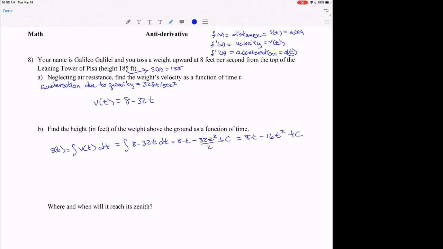That if I'm at 0 seconds, when I toss this weight upward, I'm starting at 185 feet. That's what this means. All right. So that tells me that C equals 185, because s of 0 is 185.